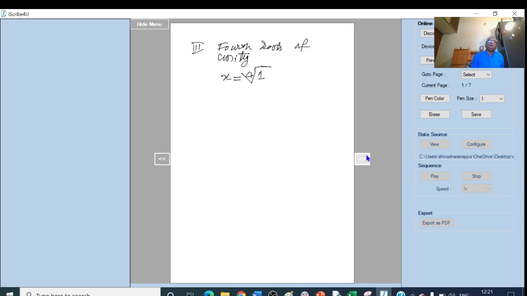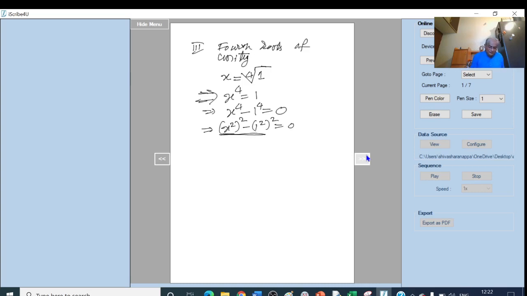And if we raise the power 4 on both sides, then we can write here x to the power of 4 equal to 1. Or we write here x to the power of 4 minus 1 is equal to 0. And I will write 1 as 1 to the power of 4. Again I will write this as x square minus 1 square is equal to 0. Okay.